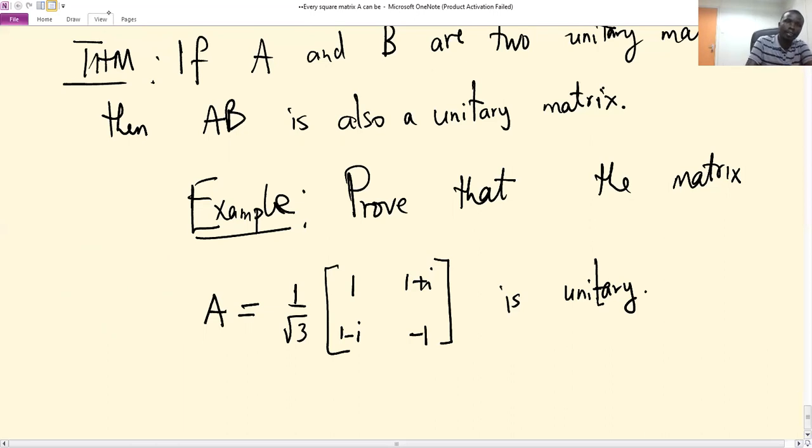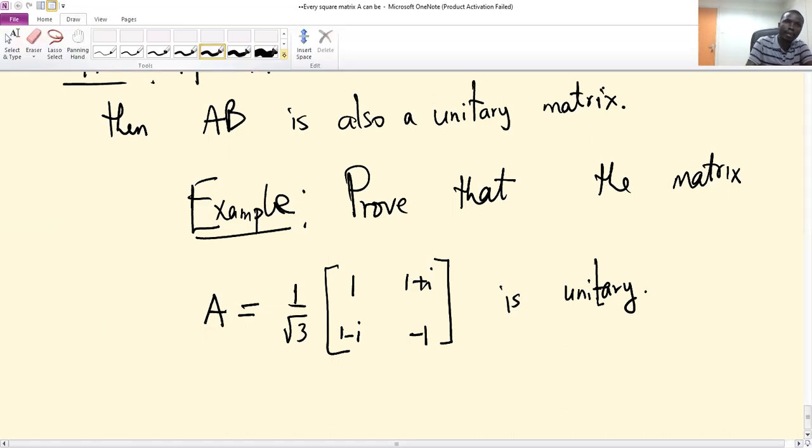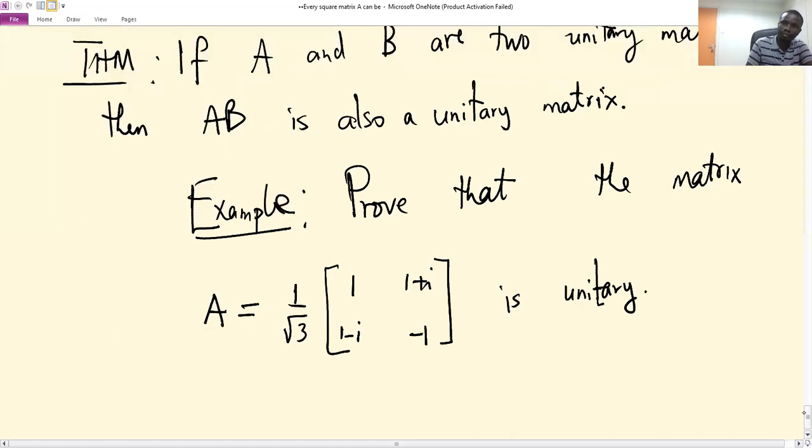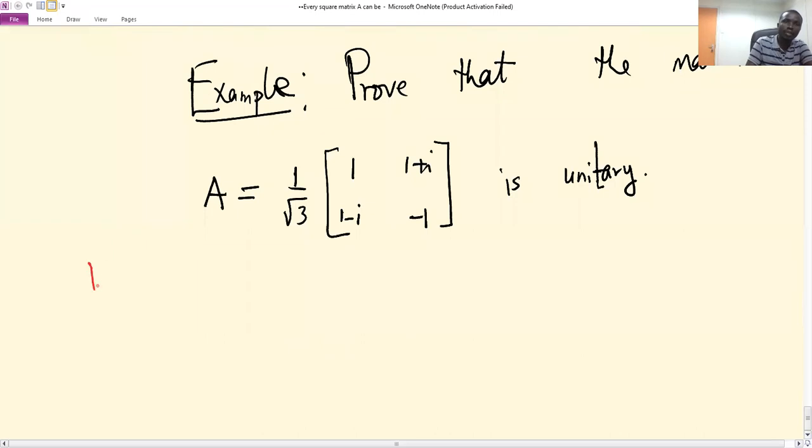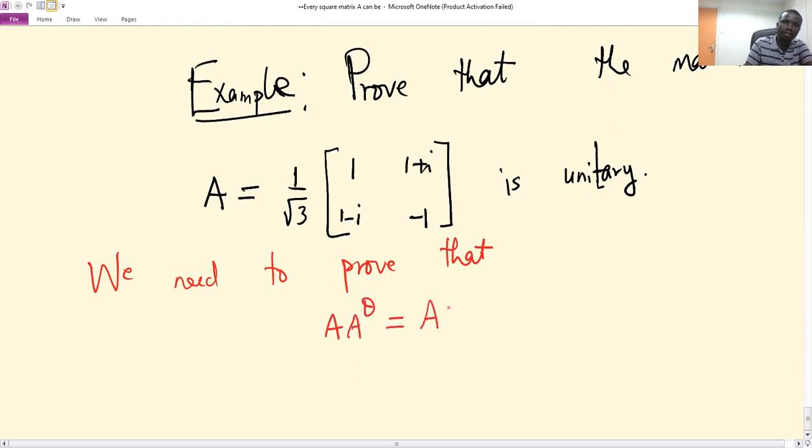So solution, we need to prove that A times A power theta is the same as A power theta times A is the same as an identity matrix. So the first thing, let's get the A conjugate first.